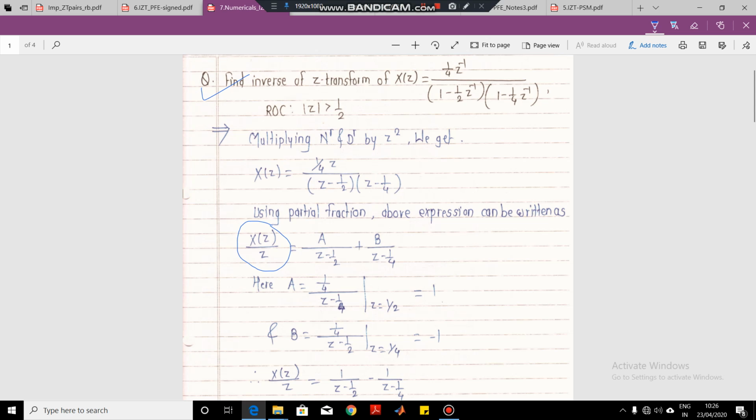If you multiply the numerator and denominator by z square, you will get 1 upon 4 into z upon this. Now you can take this z in the numerator, and on the RHS you can express it as a partial fraction. So let us continue with this numerical in the next lecture. This is how the numerical may be given in a different form.